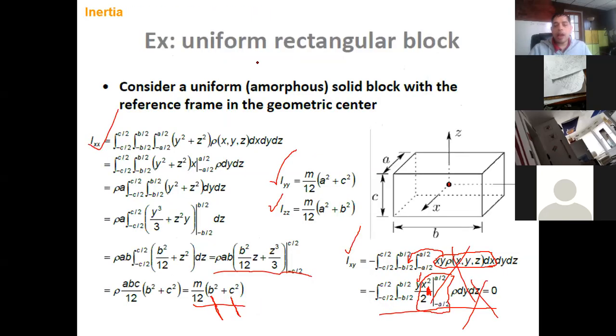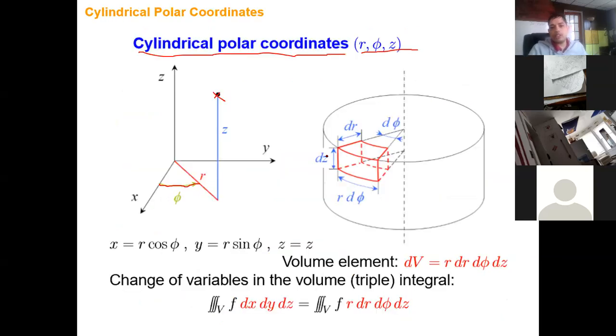If you have this kind of system, then XYZ is good. That's what we did here, so dx, dy, dz. But if the system is cylindrical like this, then you have to do the, not have to, but this is much easier.